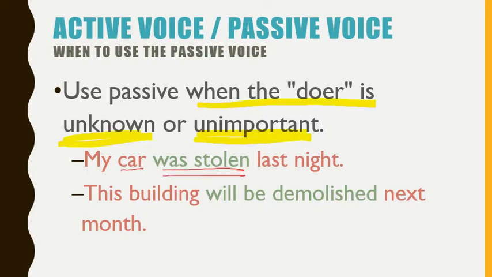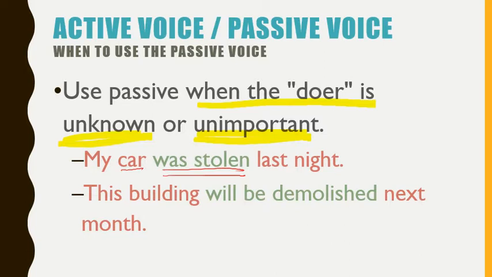Who stole it? Well, it must have been a thief, but he's not somebody I know. Okay, if it was my cousin, I would say my cousin stole my car, but I don't know who it is. So I don't want to say a thief stole my car, which is very obvious, or somebody stole my car, which is obvious. It couldn't have been a dog, right?